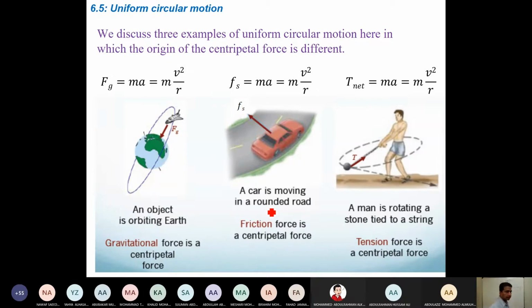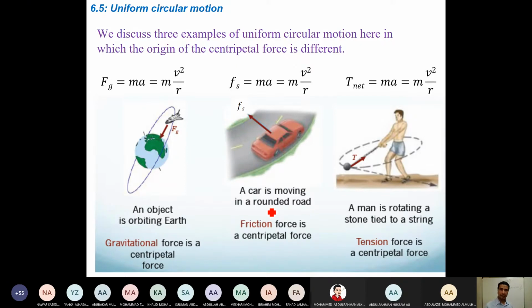Now, another example is a car going in a circular path on a road. For example, you are driving your car. Sometimes you are taking turns, and the turns could be considered as part of a circle. It's not a complete circle, but part of a circle, right? In that case, what is holding your car on the road? You are at high speed, but still your car is not sliding away from the circle.